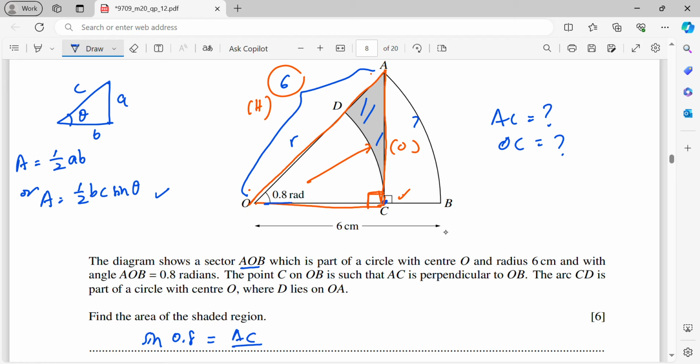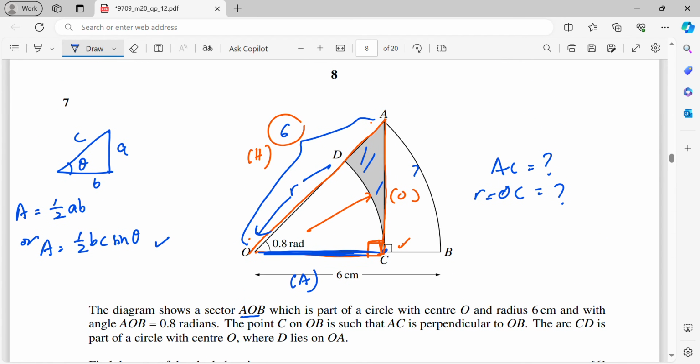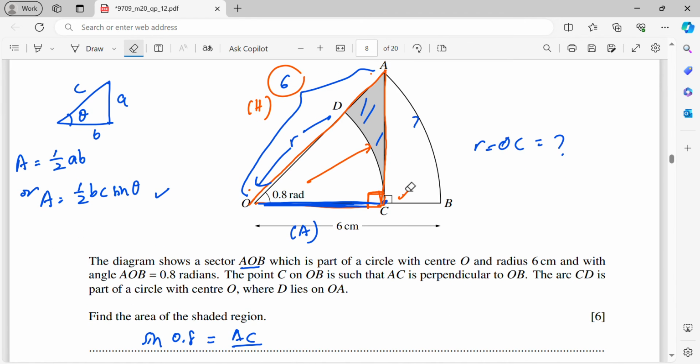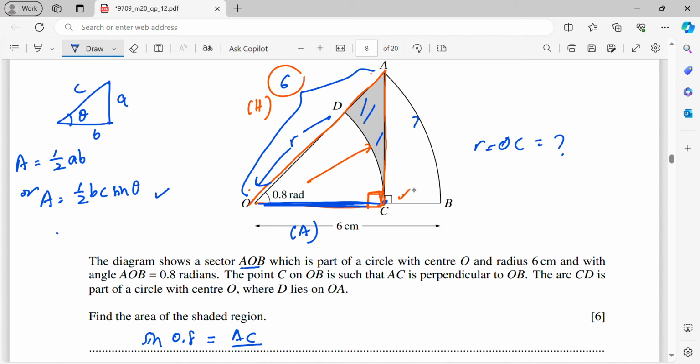So now I need to find out what my OC is, because later on I also need OC. This is the R. If OC is the adjacent side, then just forget about the AC, unless you want to use the right angle triangle formula to get the area. Here I will just use adjacent and hypotenuse, therefore that is cos.